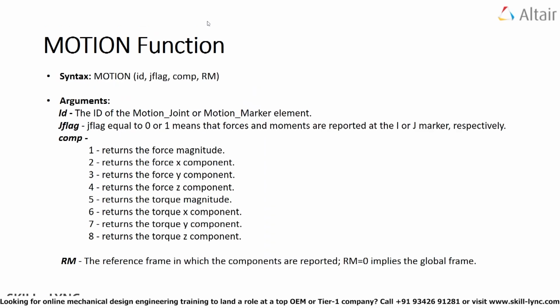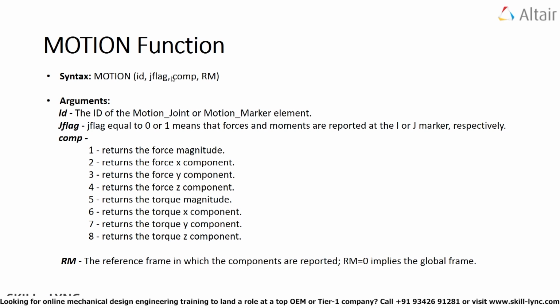The syntax for the motion function is motion followed by its arguments, which are id, jflag, component, and the reference marker. So the id represents the id of the motion joint or the motion marker element.